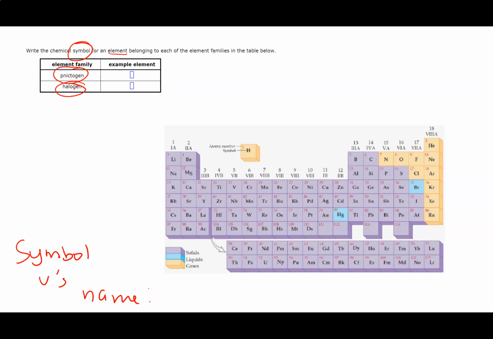The name is going to be a word, and the symbol is going to be that 1 or 2 character symbol. So pnictogen is the nitrogen group, group 5A, so I'm just going to put N for nitrogen there. And then halogen is this group 7A here, and so I'm just going to put F for fluorine.